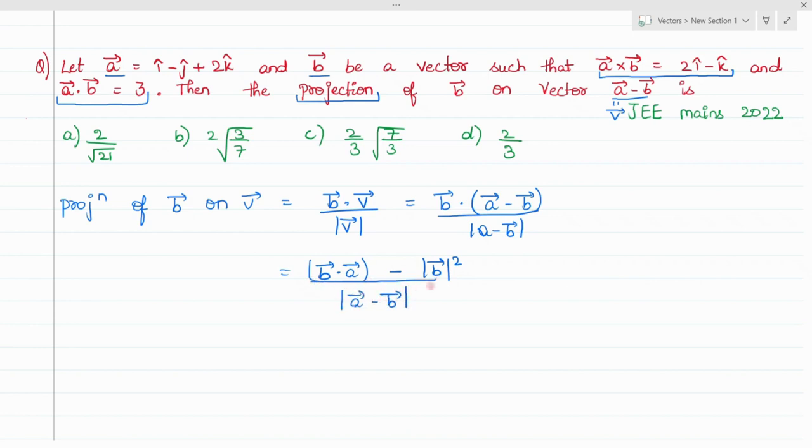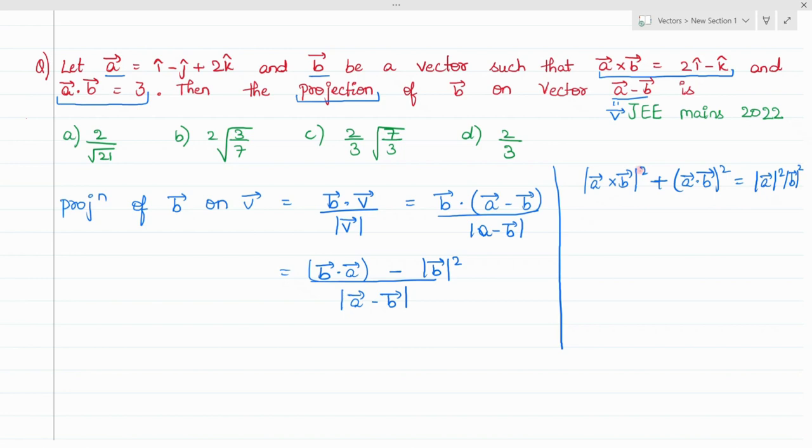To solve this, first we need to know the value of magnitude of B vector. So let's use the other conditions. We know a property that magnitude of A cross B whole square plus A dot B whole square is nothing but magnitude of A square into magnitude of B square.